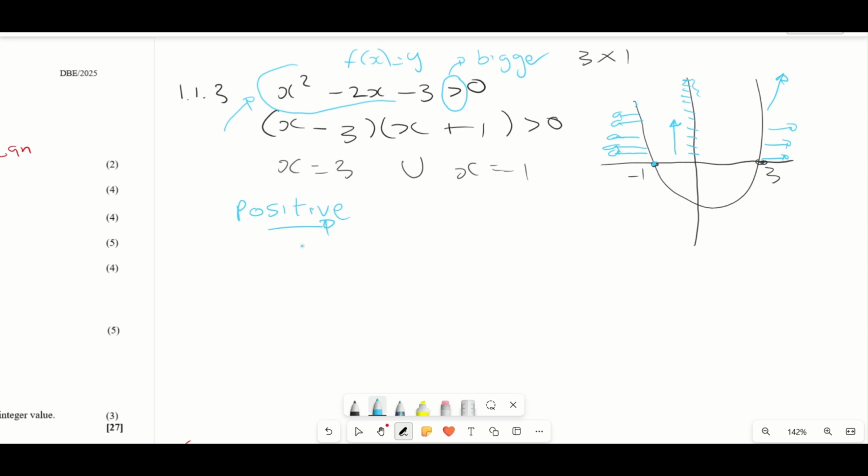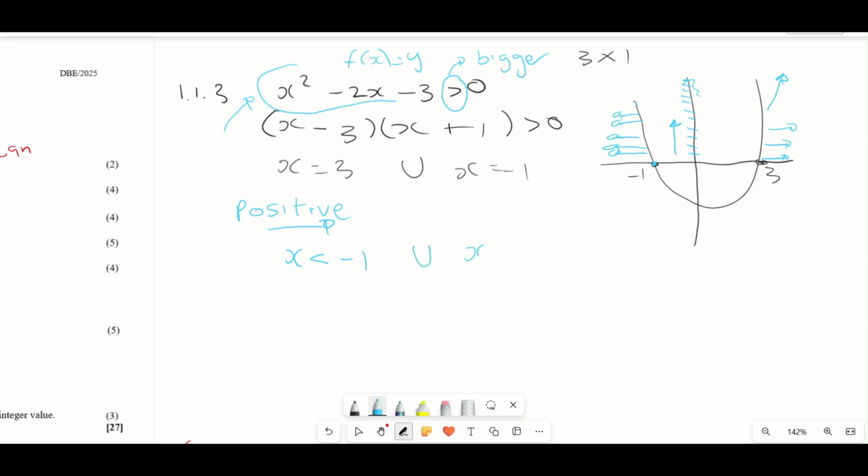So my final answer will be that x should be less than -1.